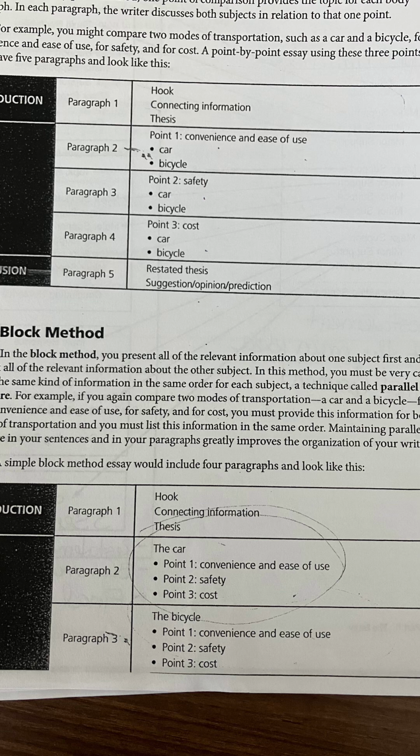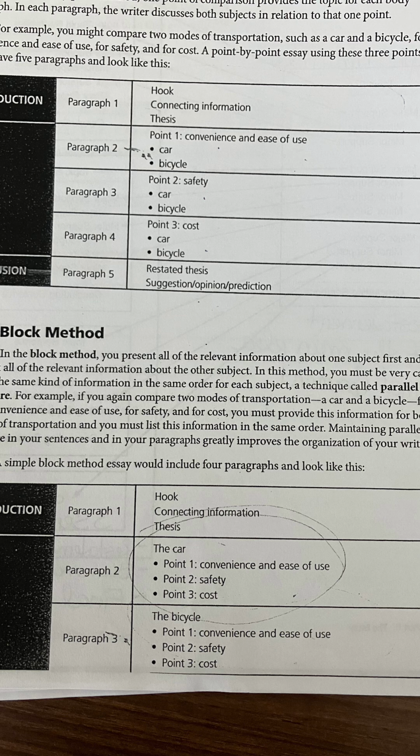The second way to organize a compare-contrast essay is the block method. So this way, again, you have your two topics. So let's say we're comparing or contrasting two modes of transportation again, cars and bicycles. In this essay, instead of having 3 body paragraphs, you'll have 2, but there'll be 2 longer paragraphs.